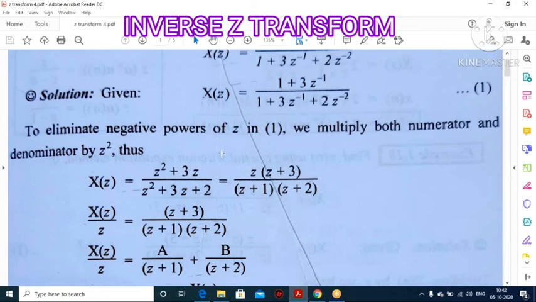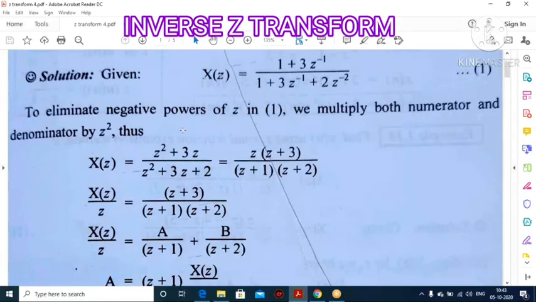To eliminate the negative power of z in equation number 1, we multiply both numerator and denominator by z squared, because the highest power of z here is 2, that is z^-2. Suppose you have z^-3, then you multiply both numerator and denominator by z cubed. That is the rule.